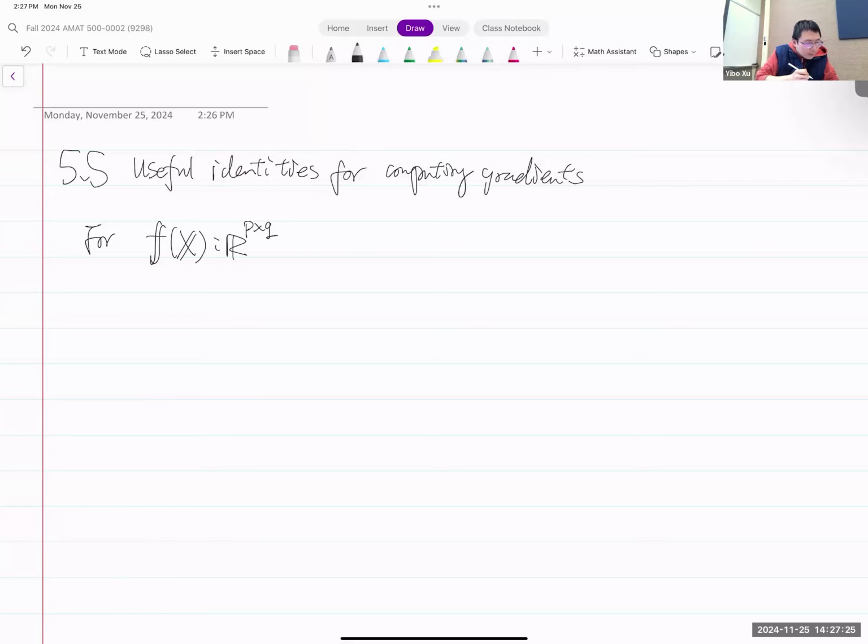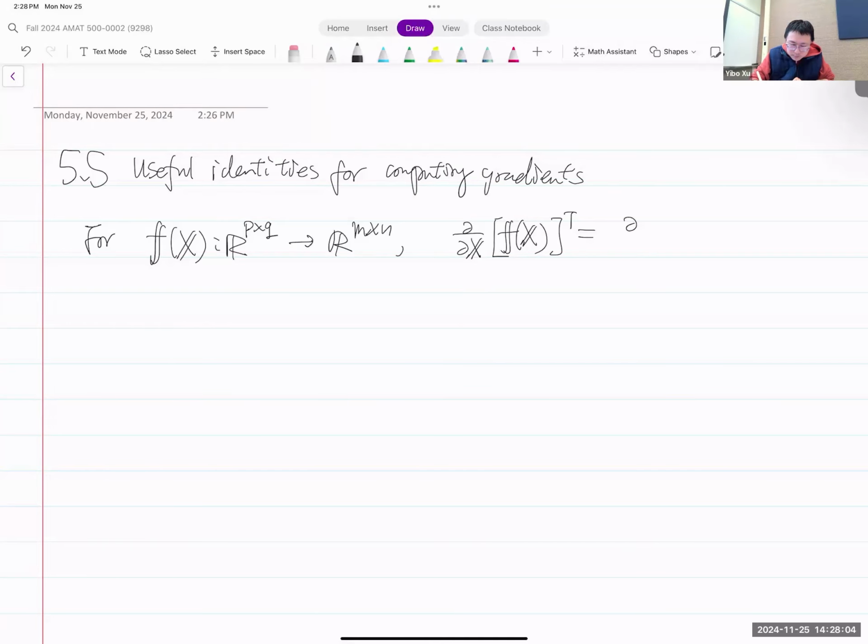Now for a mapping F that maps X to F(X), where the input is a matrix that's p by q, and the output is a matrix that's m by n, the rule is the following: del X of F(X), whole thing transposed, equals. Here the notation is del X. It looks like a partial derivative, but it's the same thing if you write it as d. It's just the Jacobian matrix that is specified.